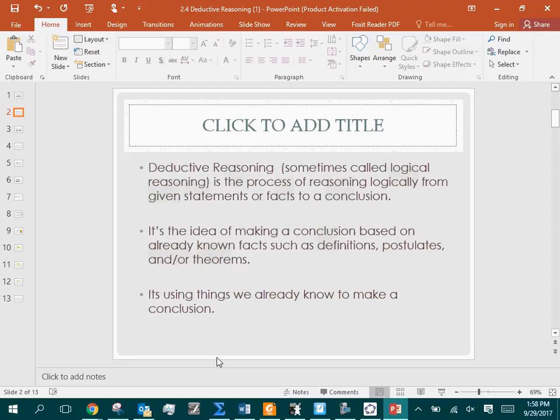For instance, when I ask a question, I give you the conditional statement: if two angles are a linear pair, then they are supplementary. That's a true statement. But then if I say the converse of that, if two angles are supplementary, then they are a linear pair, that's false. And the only way I can really answer that as being false is if I understand that the definition of linear pair is two adjacent angles that form a straight line.